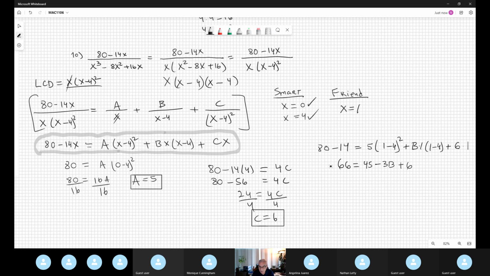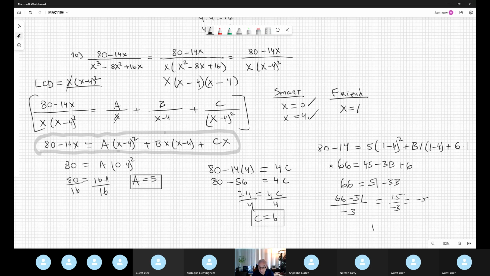Okay, so now, 66, this is 45 plus 51 minus 3b. Okay, 66 minus 51 divided by negative 3. It's 15, no? 15 over minus 3 is negative 5.